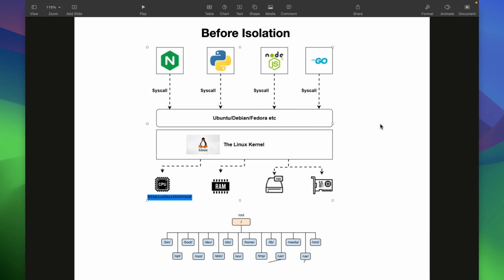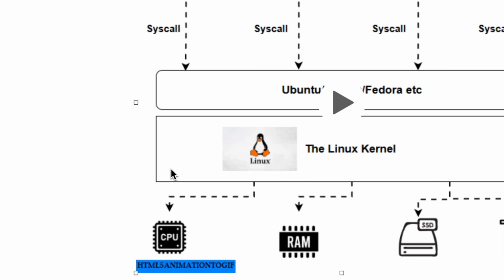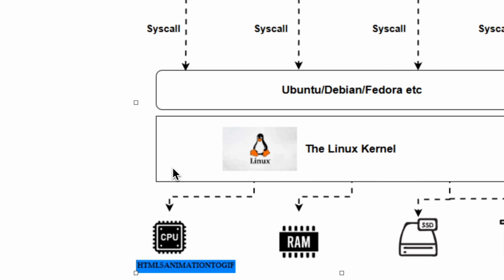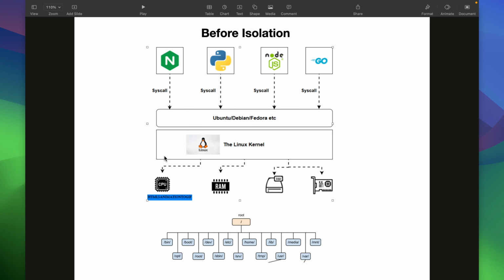The syscall is the process whereby an application running in user space makes a request to the underlying infrastructure to get resources. But this process led to many concerns, because each of the applications is accessing the same resources, and in some cases one application might interfere with another.